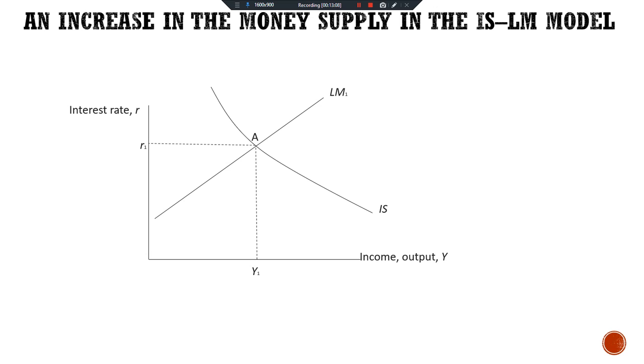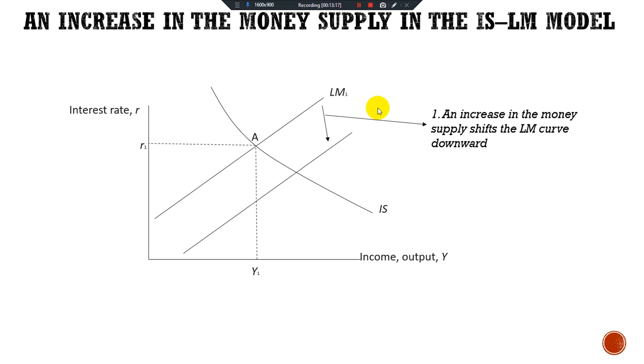An increase in the money supply shifts the LM curve downward. So we have a new LM curve, LM2, and the intersection of the IS and LM curves decides the equilibrium income.